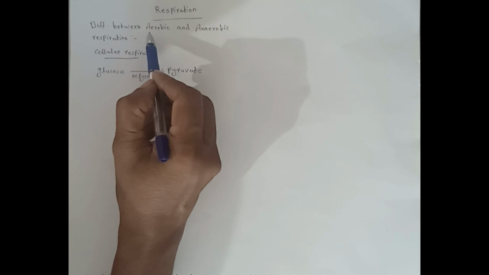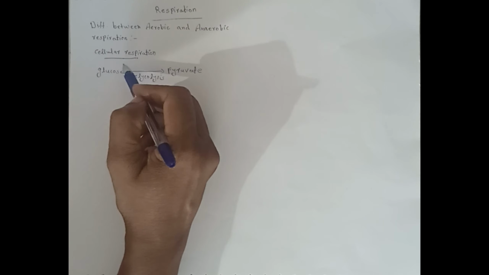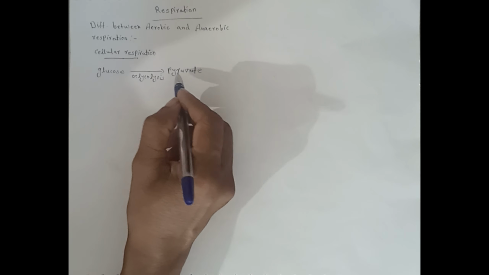In aerobic and anaerobic respiration, that is cellular respiration, the first step is that glucose is split into the 3 carbon molecule pyruvate.